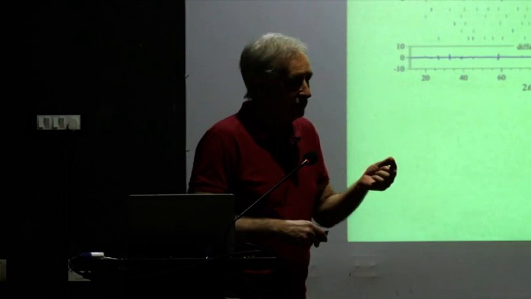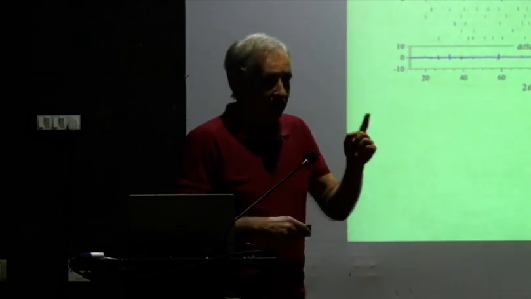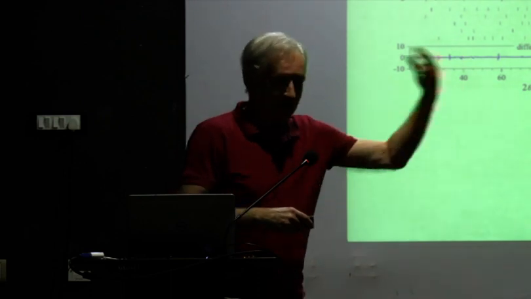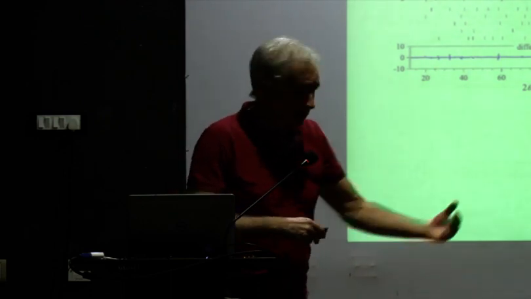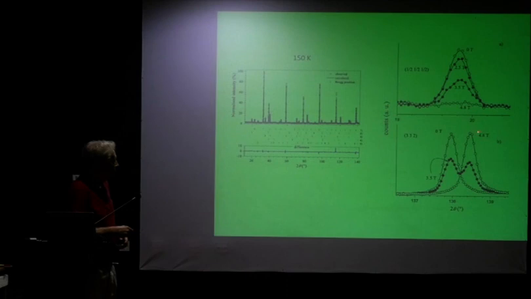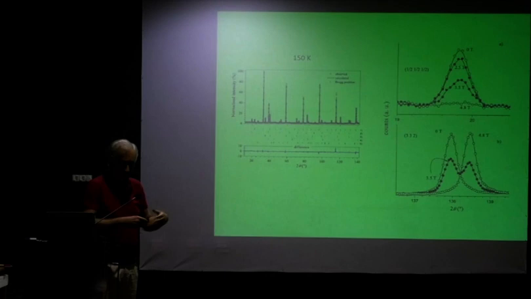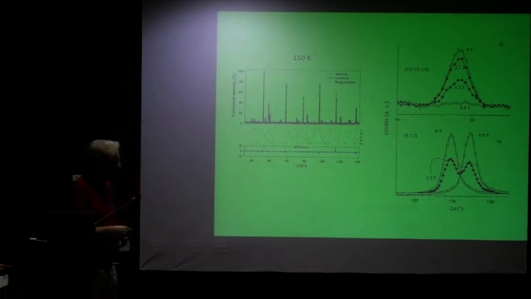Now, the 332 in the ferromagnetic state has a small volume, and that means that the peak should be at a higher angle. So this is the peak in the ferromagnetic state, and this is the peak when the system is antiferromagnetic. It moves to smaller values, meaning that the thing has gotten larger.